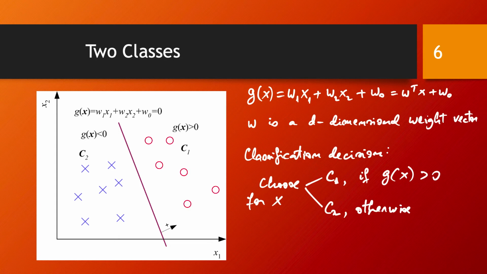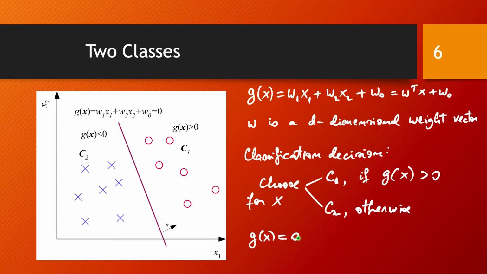The set of points where g of x is equal to 0 is a hyperplane. So in general it's going to be a d-1 dimensional subspace in the d-dimensional space of our input data set. And this hyperplane is dividing the input space into two half spaces.